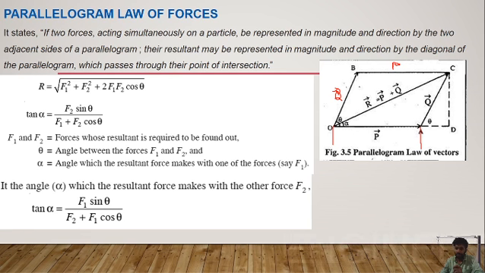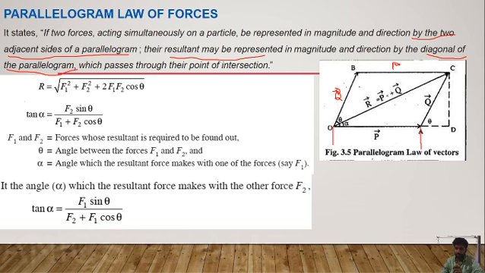The law states that if two forces acting simultaneously on a particle are represented in magnitude and direction by the two adjacent sides of a parallelogram, two adjacent sides, P and Q, not opposite sides, then the resultant may be represented in magnitude and direction by the diagonal of the parallelogram. So the diagonal will give the resultant.